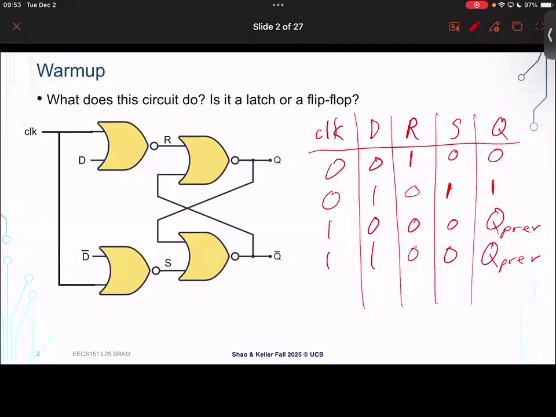This is what's going on. So now we just need to think about what the behavior is, right? So when the clock and D inputs are like so, this is the behavior of the output Q. And so in particular, when clock is high, it stores the value of Q previous. When clock is low, it passes through the value of D to Q.